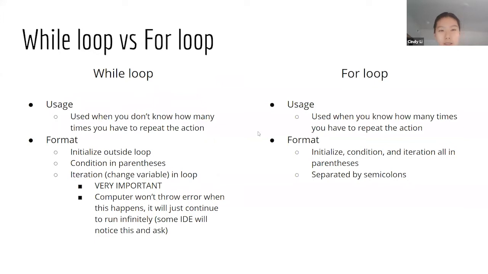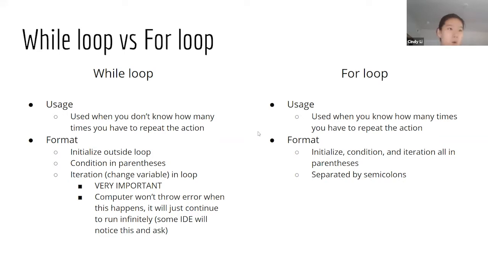Now there are, again, lots of other differences. For example, a while loop is used when you don't know how many times you have to repeat the action. For example, let's say I have a list. I don't know how long the list is, but I want to count how many items are on the list. So I use a while loop to count that because I don't know how long the list is.